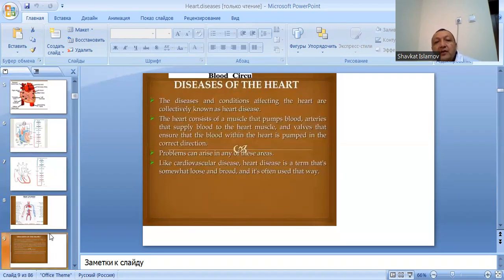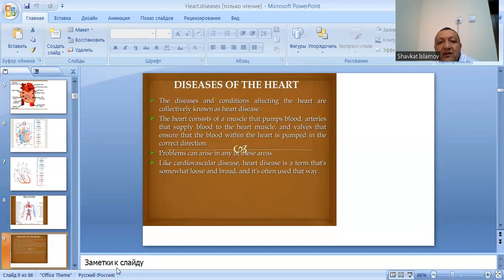Diseases of the heart. The diseases and conditions affecting the heart are collectively known as heart disease. The heart consists of a muscle that pumps blood, arteries that supply blood to the heart muscle, and valves that ensure that the blood within the heart is pumped in the correct direction.